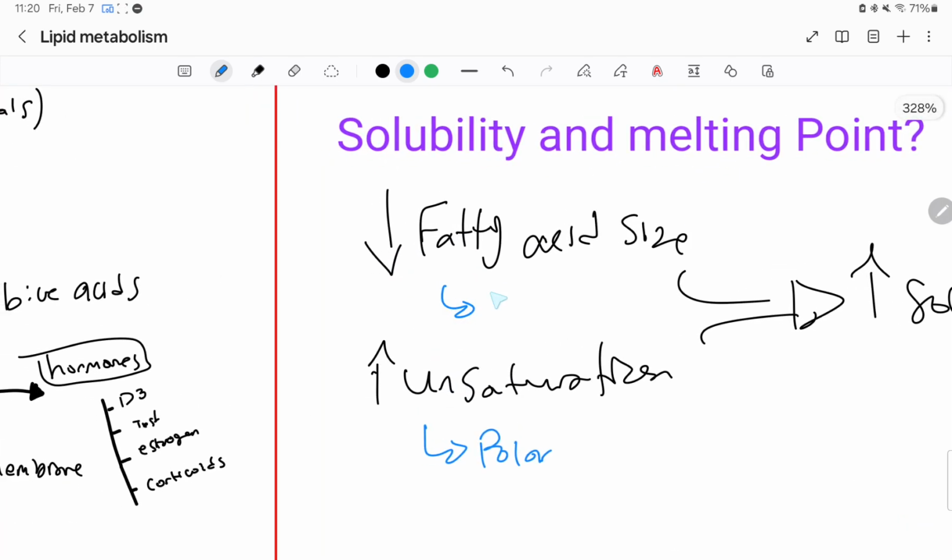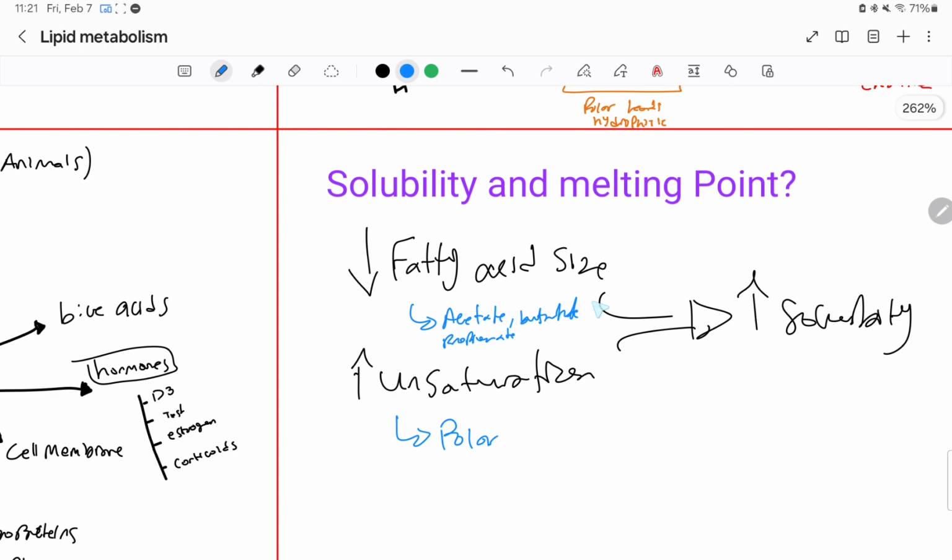So shorter chain fatty acids, and we'll see this when we talk about digestion, things like acetate, butyrate, propionate, and sometimes even medium chain fatty acids, don't even require bile for digestion, and they don't require binding to albumin for transport in the bloodstream.